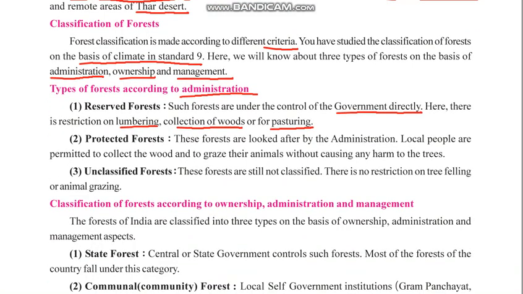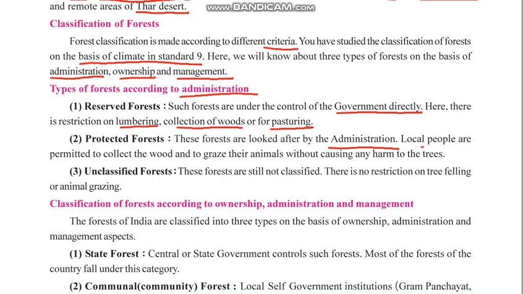Protected forests are looked after by the administrators. Local people are permitted to collect wood. The administration of this kind of forest is done by the local people and the administration together.